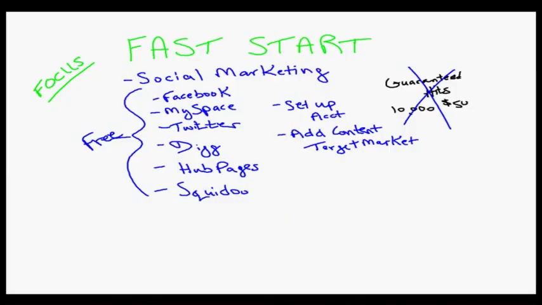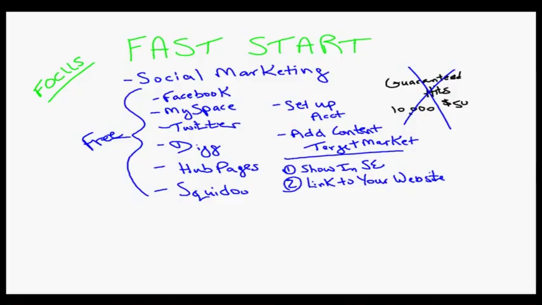Like we just talked about with videos, what's going to happen with these is, number one, these pages alone can show in the search engine. Number two, you can link to your main website from these pages so that you create a link which the search engines like.